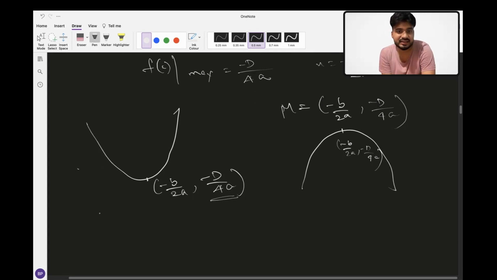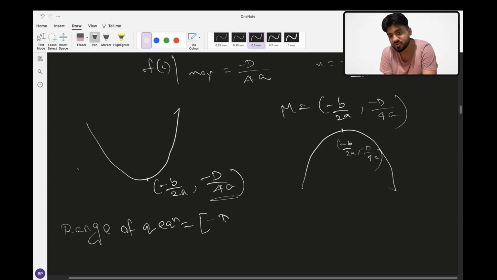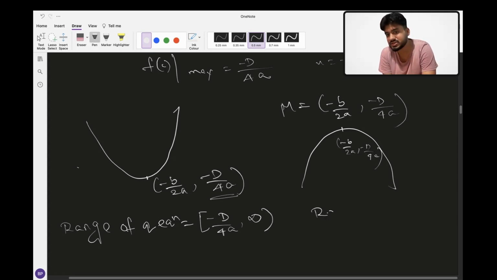So the range of the quadratic: if a is positive, the range will be minus D by 4a to infinity. In this case, the range will be minus infinity to minus D by 4a.